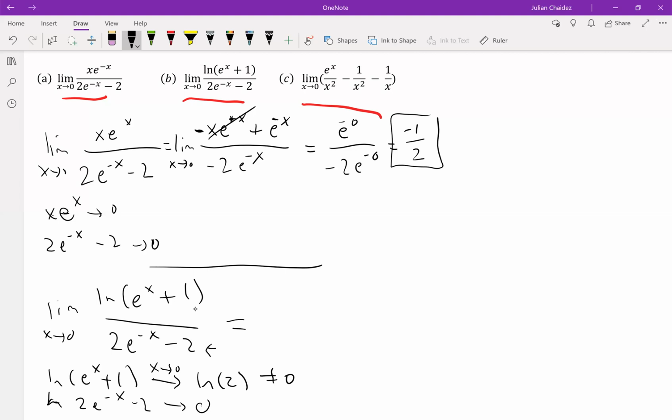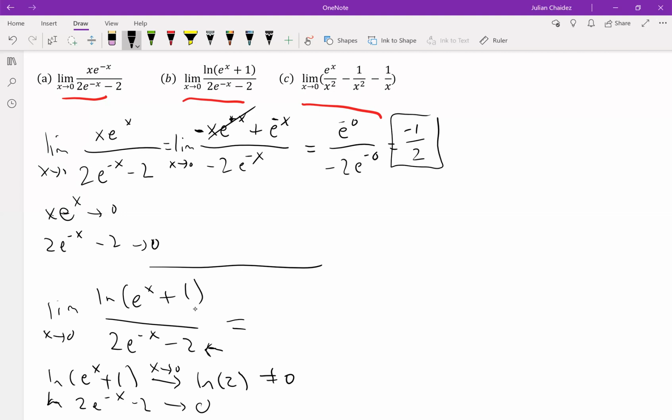If you think carefully about the sign of the bottom, it goes to 0 from the left, meaning that when x is close to 0 and positive, the bottom is small and negative.